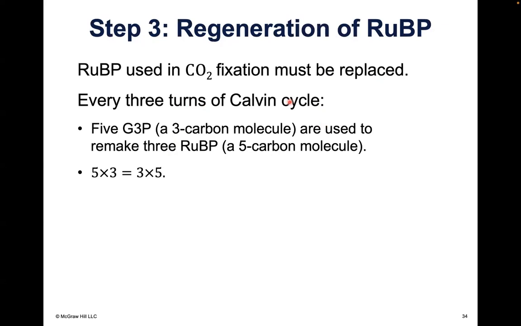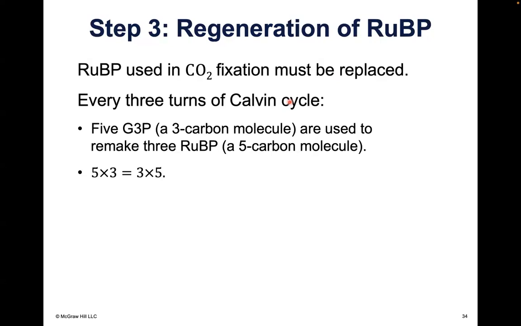Every 3 turns of the carbon cycle will produce 5 G3P. Every 3 turns of the carbon cycle produces a 3 carbon molecule, and also uses the 3 carbon molecules to remake the 3 ribulose bisphosphate. What do I mean? If you have the carbon cycle one time, 2 times, 3 times, 3 times produces what?